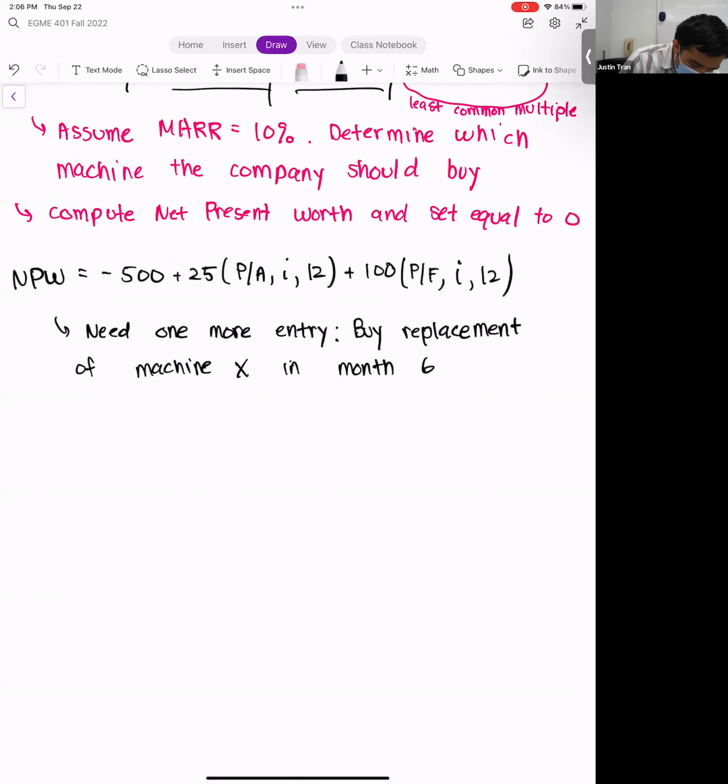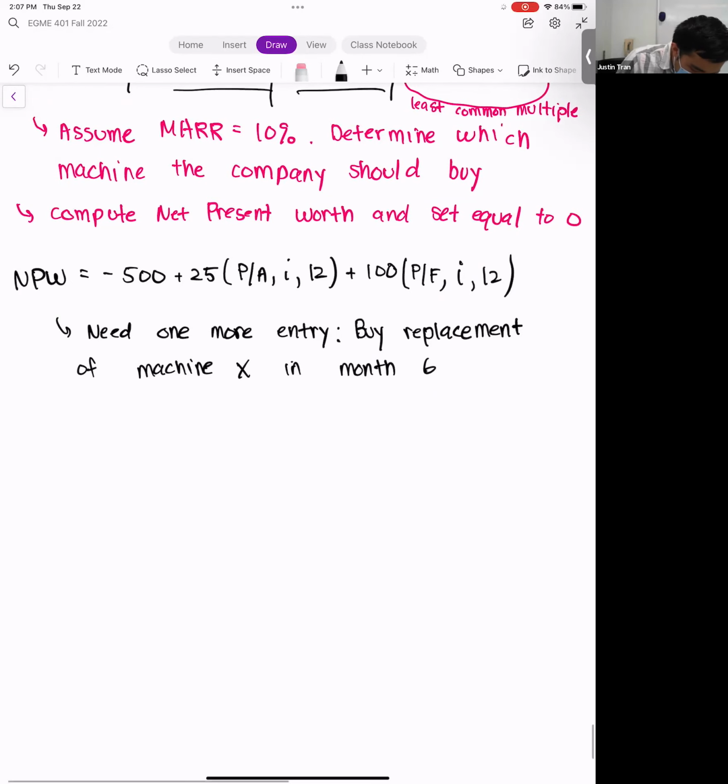There's actually one more row to the table that's implied, but we can write it in table form just for consistency.